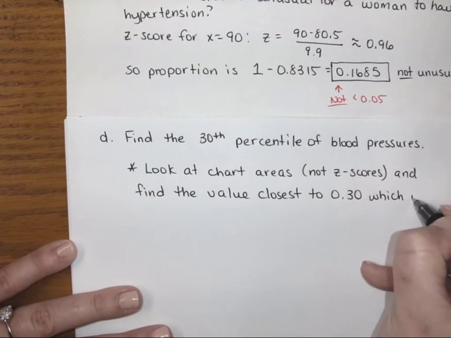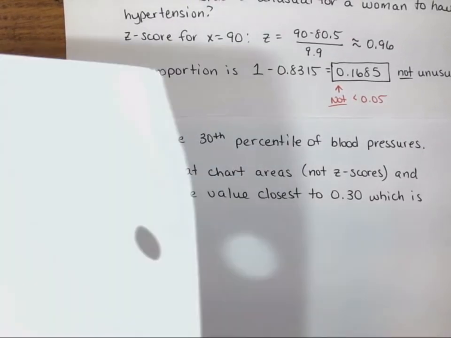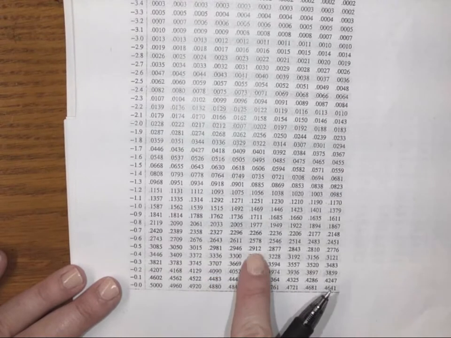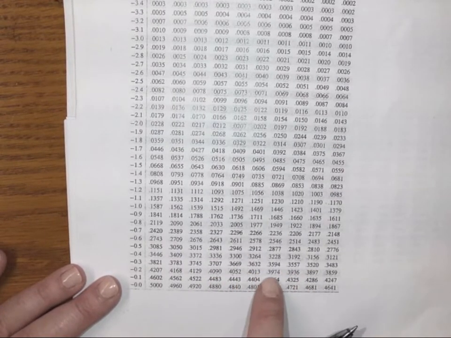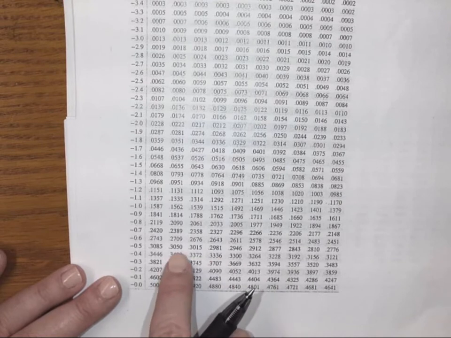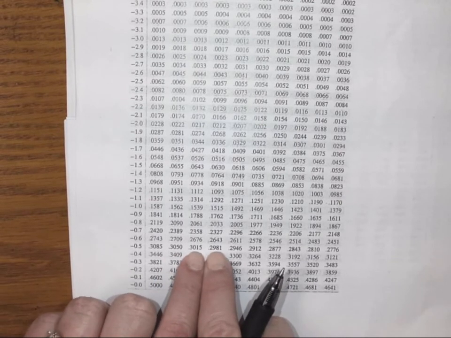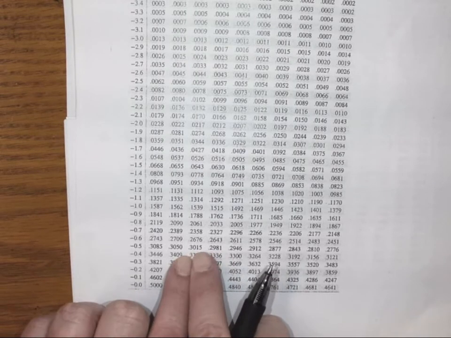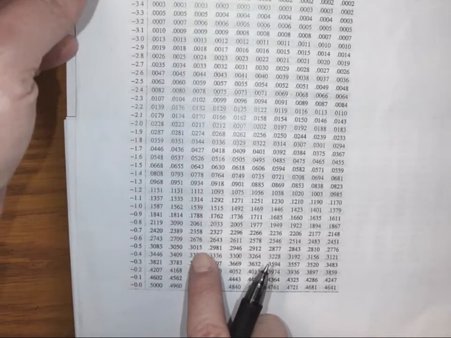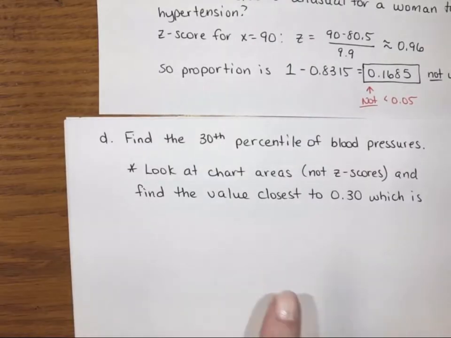If you look at your chart, and again, I'm not going to show this every time, these do go in numeric order. So it looks like the ones on either side of 0.3 are these two, 0.3015 and 0.2981. So you just need to pick the one that's closer. Notice this one's 0.0019 away, and this one's only 0.0015 away. So it's the 0.3015 that is the closest.